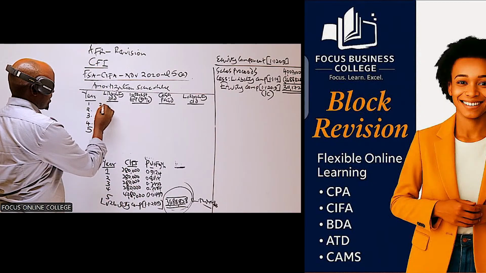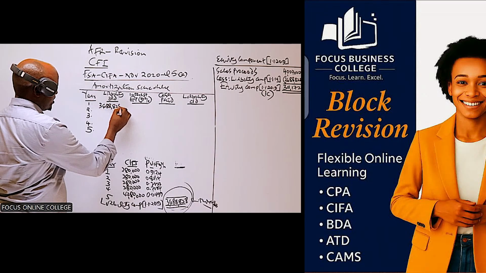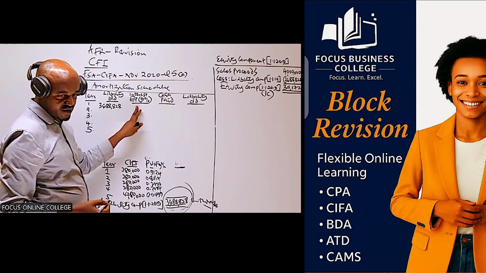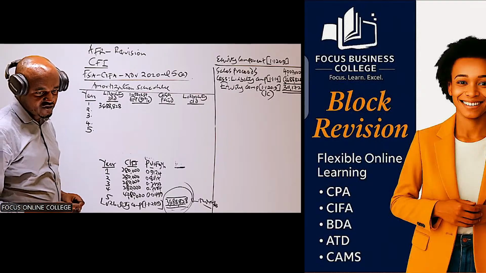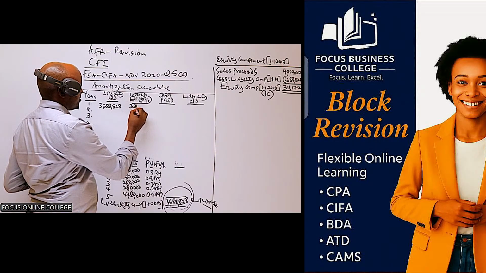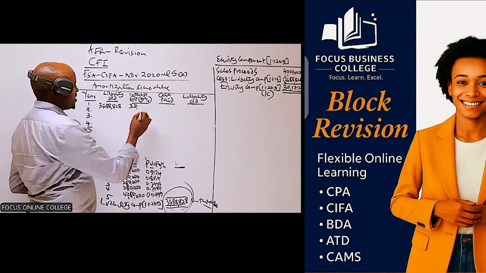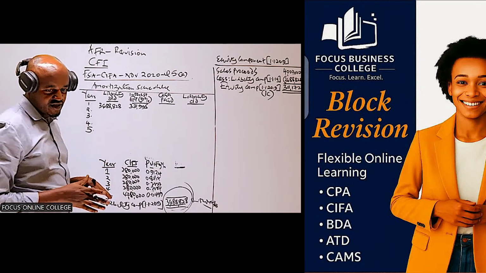So it is basically 3,688,828. We compute the interest, which will be 9% of this, which is 331,995. That is the interest expense.